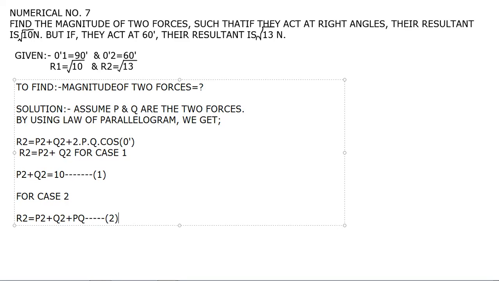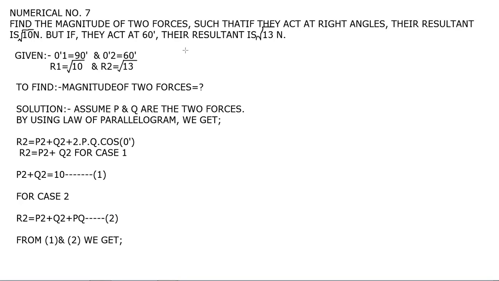So you can write it here that from 1 and 2 we get, what you have to do now, you have to put this value P square plus Q square is equal to 10 here.